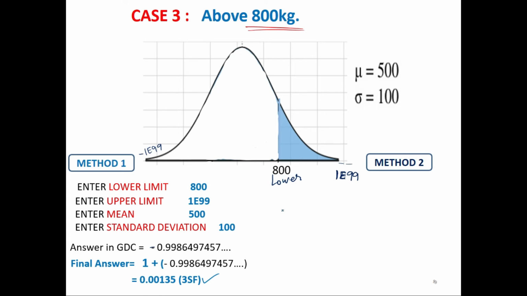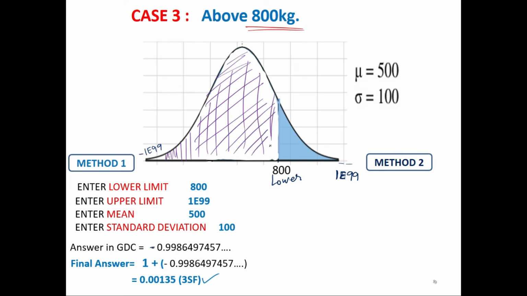In method 2, we'll be finding the probability of this shaded region below 800, and we know the total probability under the curve is 1. So we are going to subtract the probability of this region from the total probability 1. For example, if I consider the probability of this region as B, and the probability of this region as A, my aim is to find B by finding A and then subtracting the probability of A from 1.